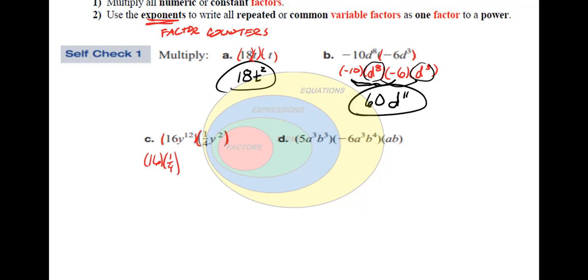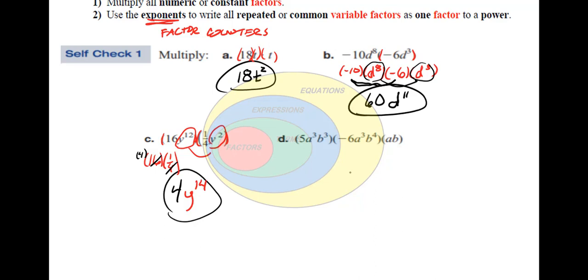I can multiply those together by canceling. The 4 and the 16 cancel, leaving a 4, or 16 divided by 4. So this is going to have a factor of 4 in my answer. And then if I look at the variable factors, I have a y to the 12th and another factor of y squared. So if I put those together, I'll have y to the 14th power.